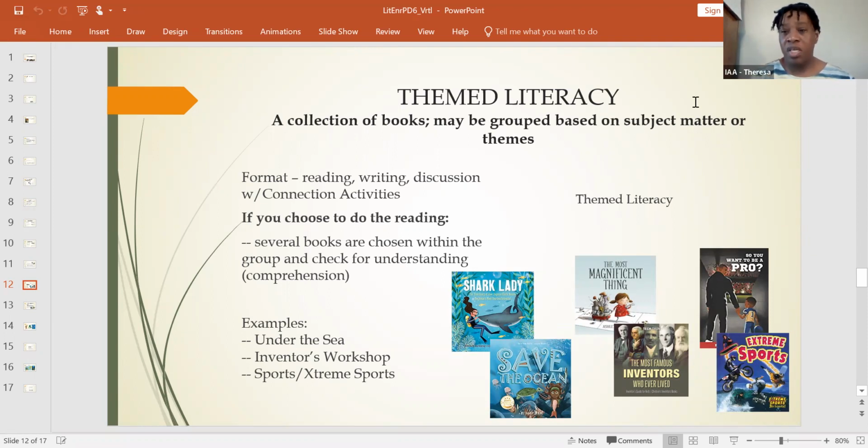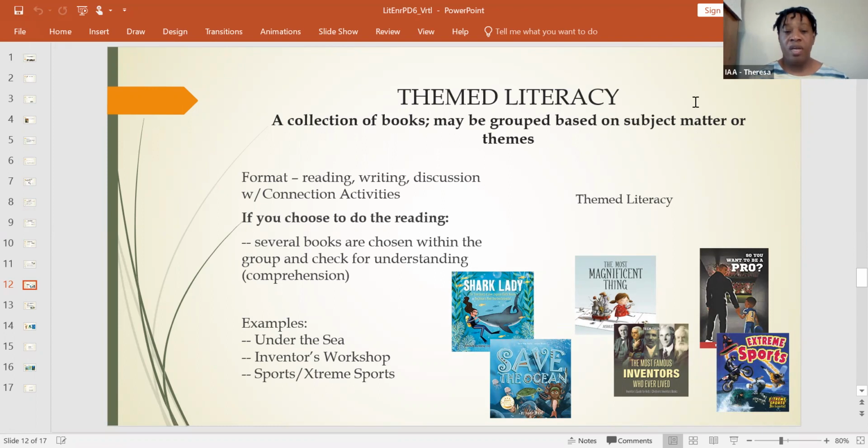Theme literacy is just really a collection of books based on subject matter or themes. If you really want to get into it, it could be authors, it could be genres. The format you have it in is going to be some type of reading, writing, or discussion, and then you have connection activities with that format.